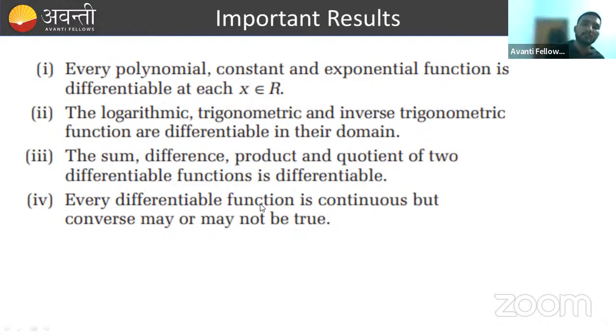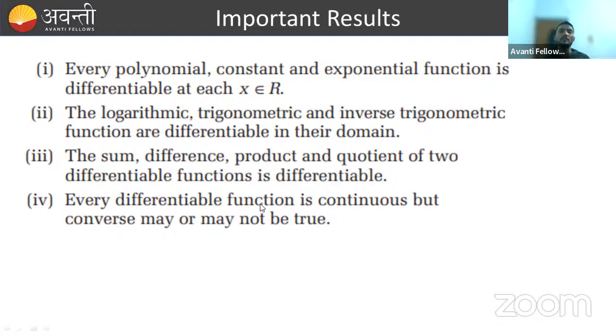Every polynomial function, constant function, and exponential function is always differentiable at each x, where x belongs to real numbers. All the logarithmic, trigonometric, inverse trigonometric functions are differentiable in their domain. So when you are solving JEE problems, you don't need to always find like this. These kinds of functions, if you see, you can consider that they will be differentiable.